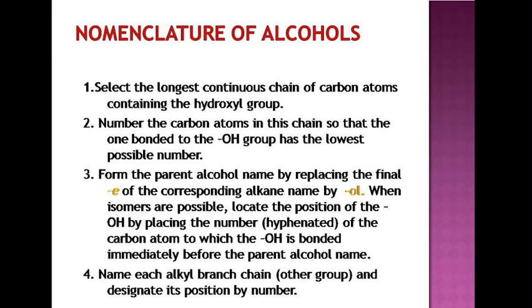Next point, the nomenclature of alcohols. The first rule of nomenclature of alcohol is to select the longest continuous chain of carbon atoms containing the hydroxyl group.